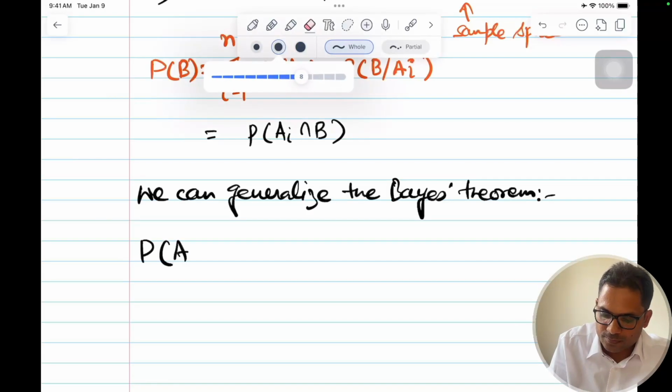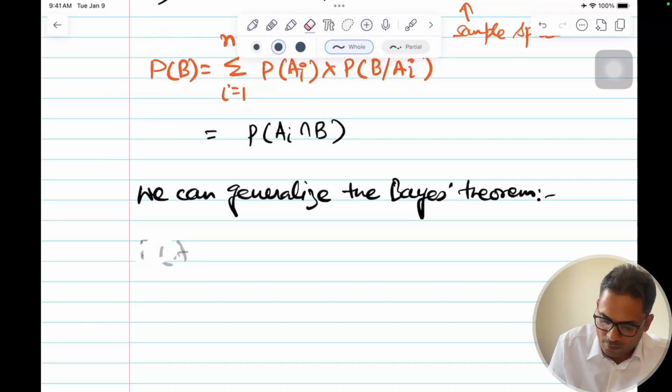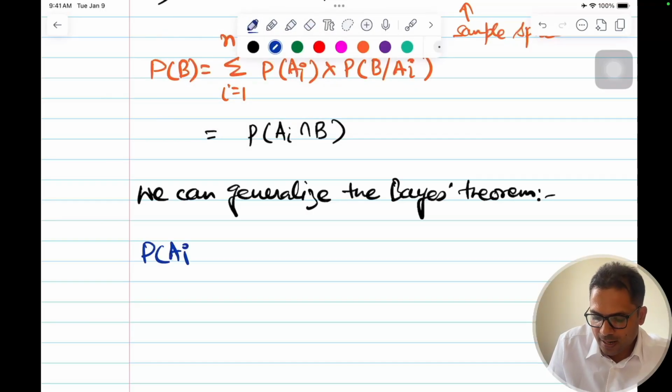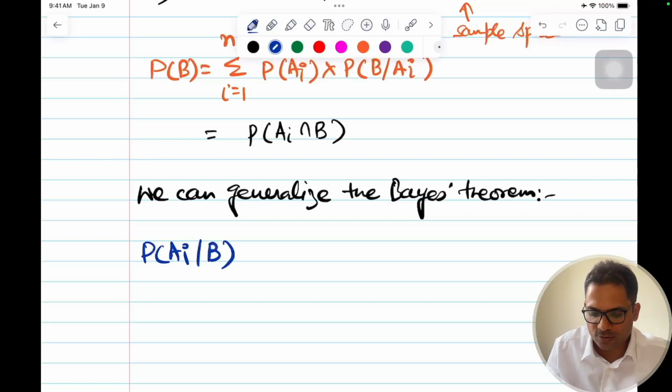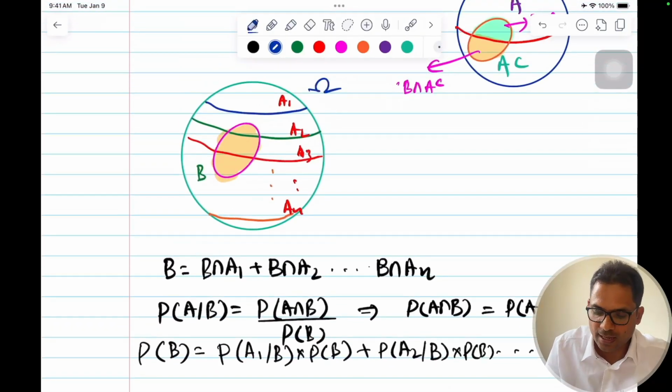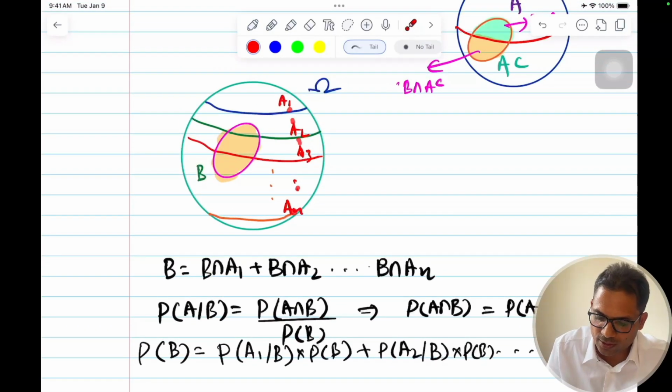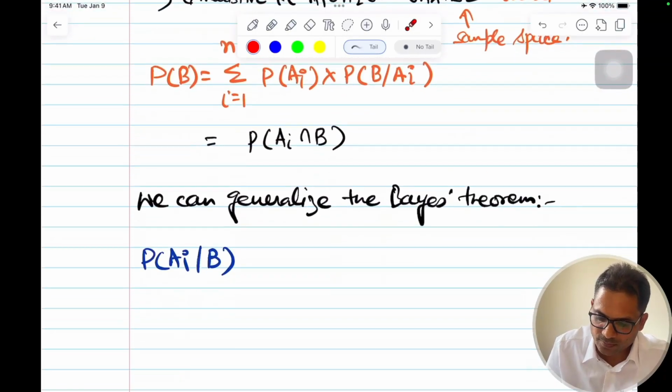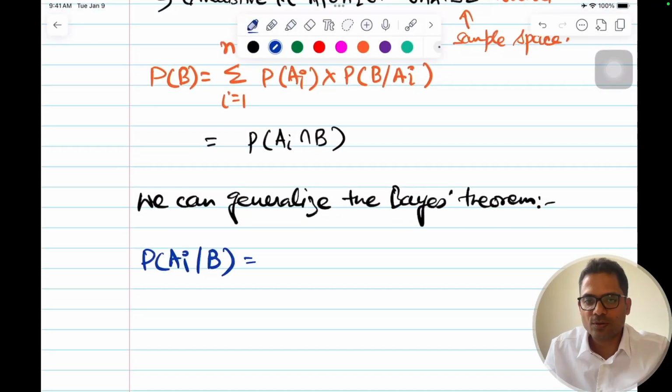Probability of A_i given B. So A_i, where i belongs to 1, 2, 3, 4, ..., n. Probability of A_i given B is equal to what?